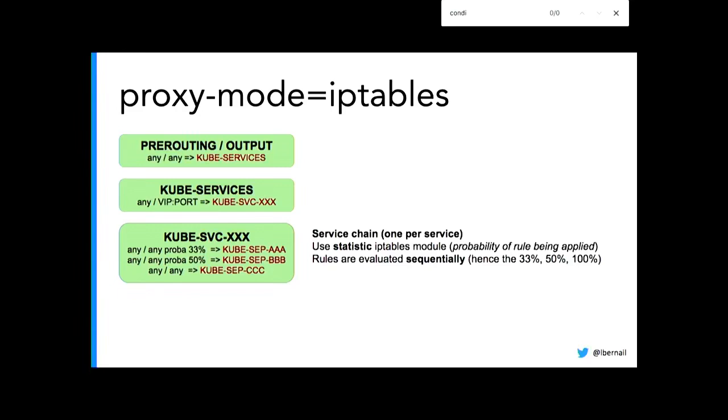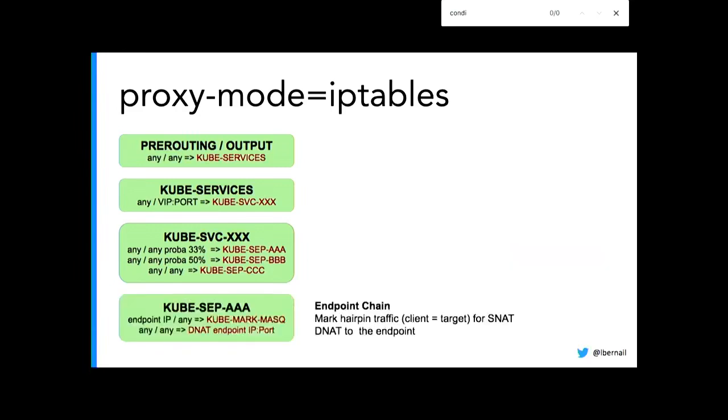And finally, you have a chain for each endpoint for a service, and this chain is just responsible for doing DNAT itself, so modifying the destination IP to use the pod IP. It's also doing something that's a bit surprising when you look at it the first time. For traffic that is sent back to the pod where it was coming from, so hairpin traffic, we need to use SNAT.